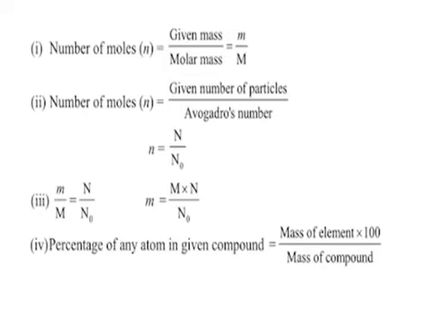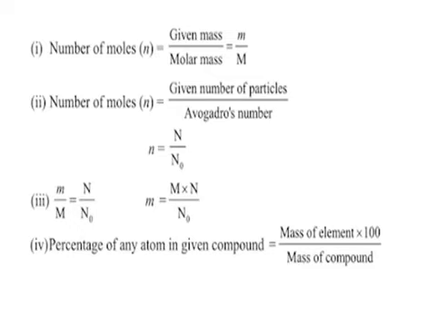The number of moles is denoted by the letter n, given mass by small m, molar mass by capital M. So n is equal to small m divided by capital M. The second formula is number of moles is equal to the given number of particles divided by Avogadro's number. So n is equal to capital N by N0, where N0 represents Avogadro's number.